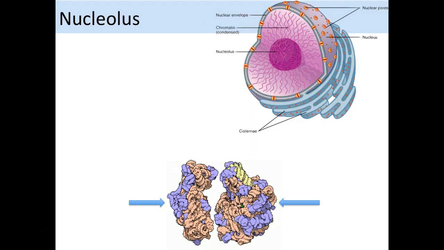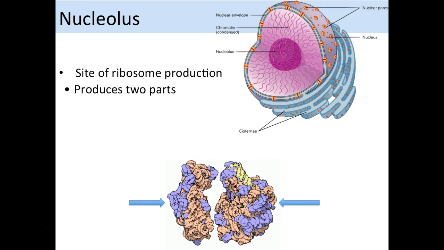In the center of the nucleus, we find an organelle called the nucleolus. Nucleolus is found in both animal and plant cells. This is the site of ribosome production. In the nucleolus, it produces two parts to the ribosome, the large subunit and the small subunit.